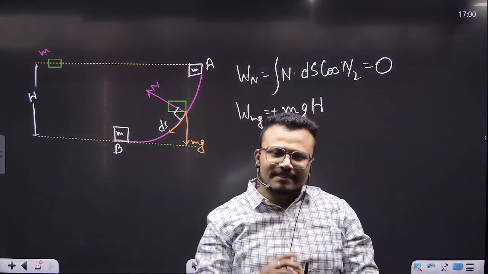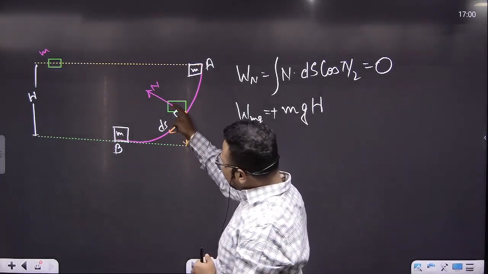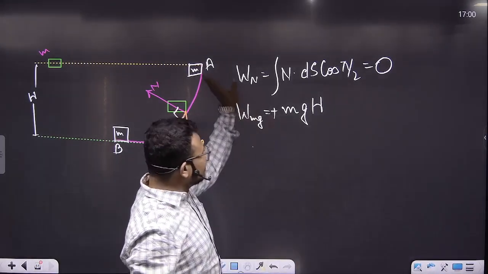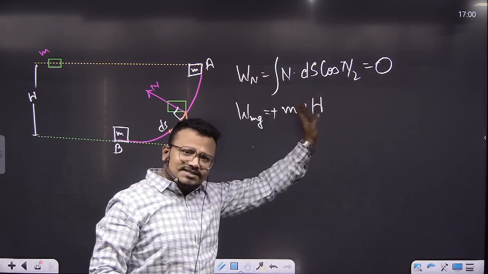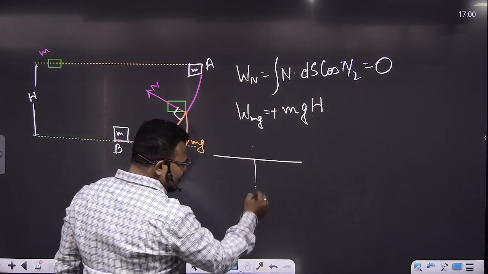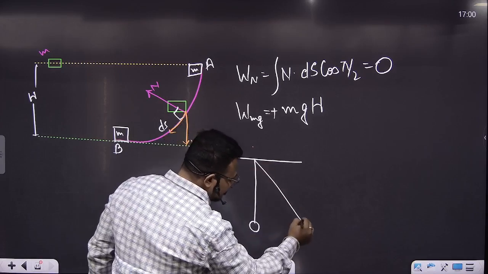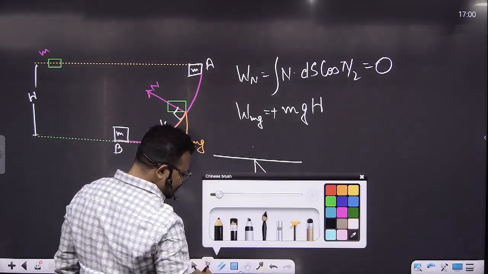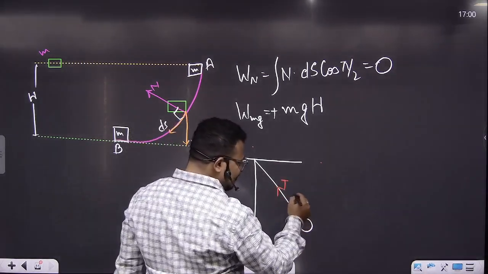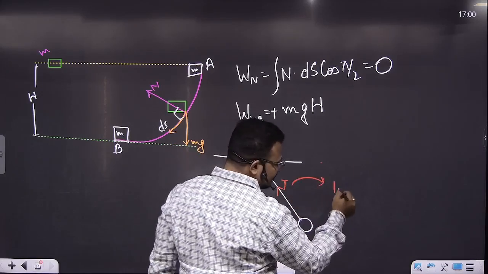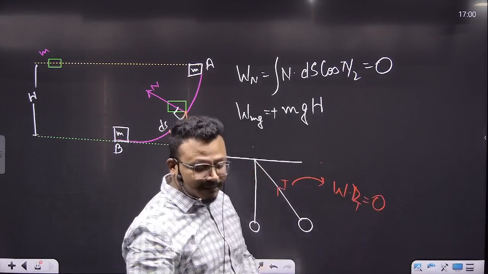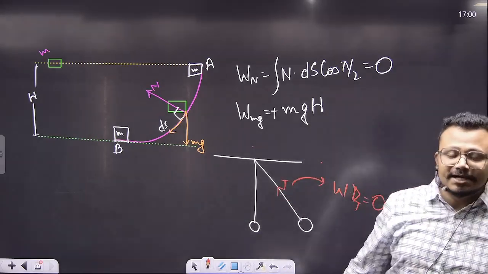What we got to know from this concept is that normal is perpendicular to the displacement, so the angle is 90 degrees, which means work done by the normal or by the tension will always be 0. The same condition holds for a pendulum: the work done by the tension will be 0. So work done by normal and by tension is completely 0.